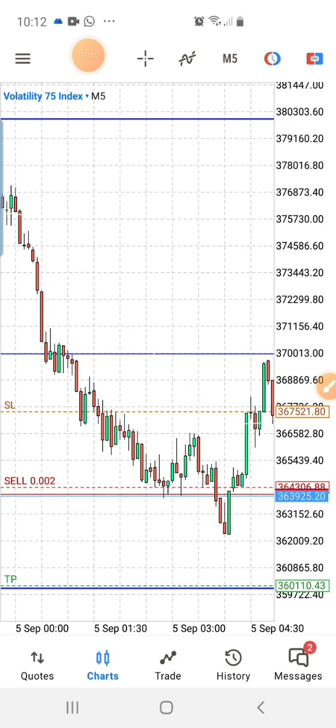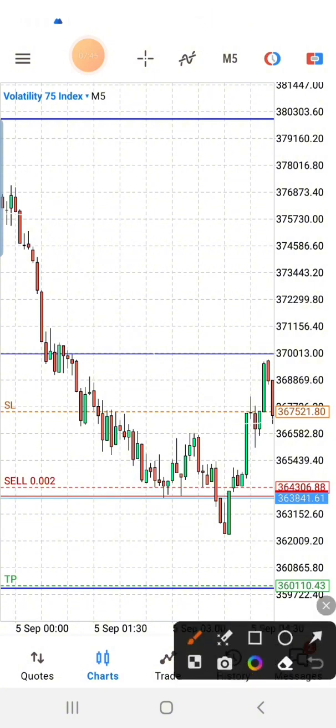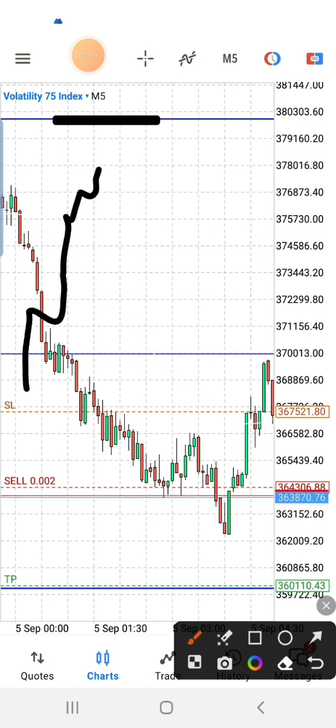Okay, so if this is the psychological level you see on 1 hour, okay, then the price pushes up. We are now looking at 5 minutes time frame. On 5 minutes time frame, this is what you have.